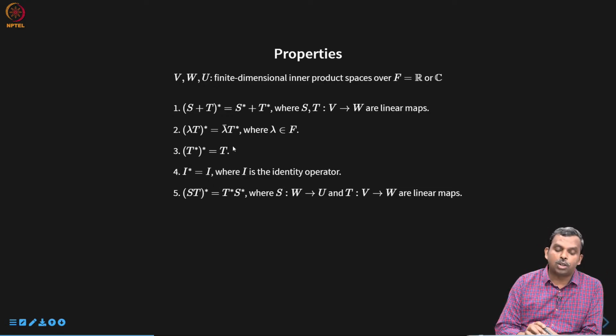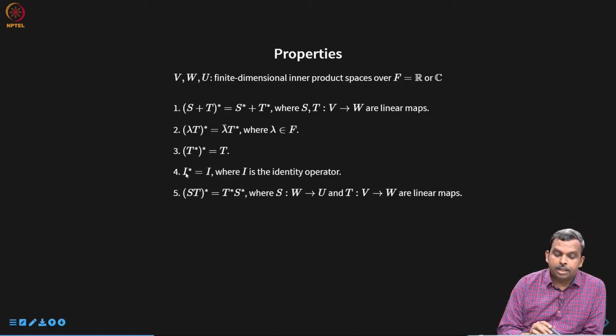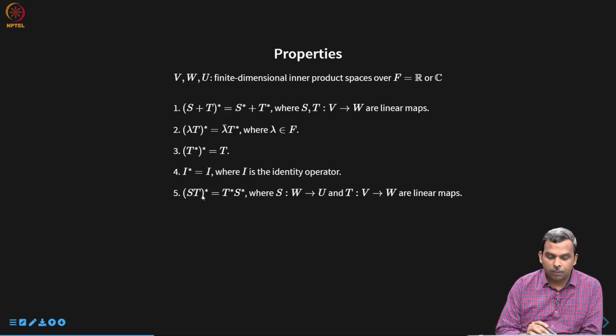It turns out you go back to the original linear map T. We're in the more general world of a linear map which goes from V to W, and not necessarily an operator which goes from V to V. Now, the identity operator goes from V to V or W to W. The adjoint of the identity is the identity itself. These are all easy to see. Identity does nothing, so the inner product should also do nothing. The inner product will be preserved by itself.